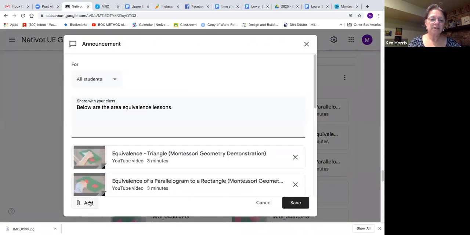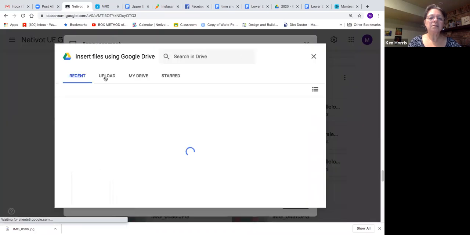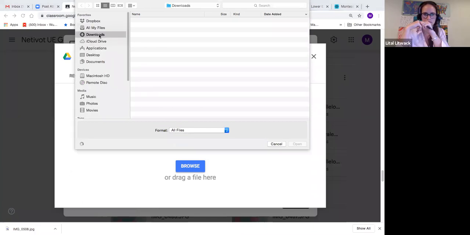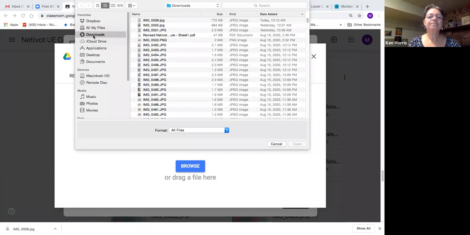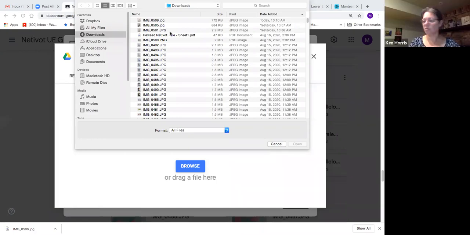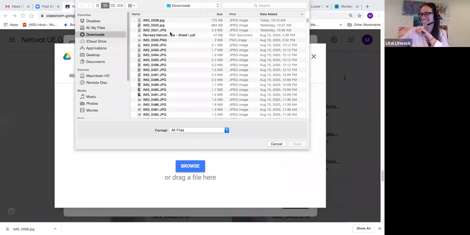So let me add a file. Browse. Download. It's probably the first one at 10:10 a.m. Yeah. Just gotta wait for that little wheel to stop turning.